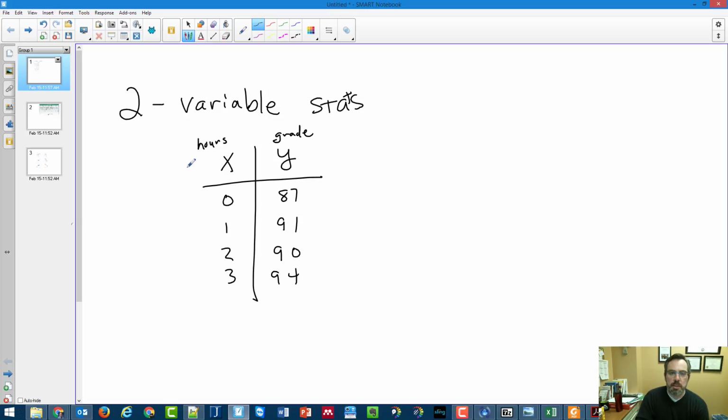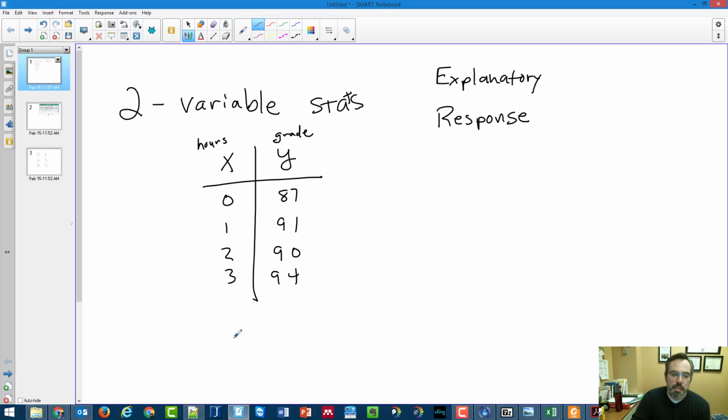Typically, we talk about two variable stats like this. We're looking for a couple of things. One thing that we usually talk about is whether a variable is an explanatory variable or a response variable. Now, this isn't always something that you can find, but I described this situation.